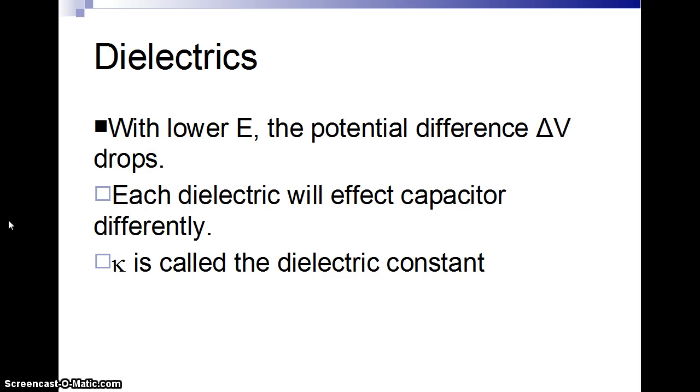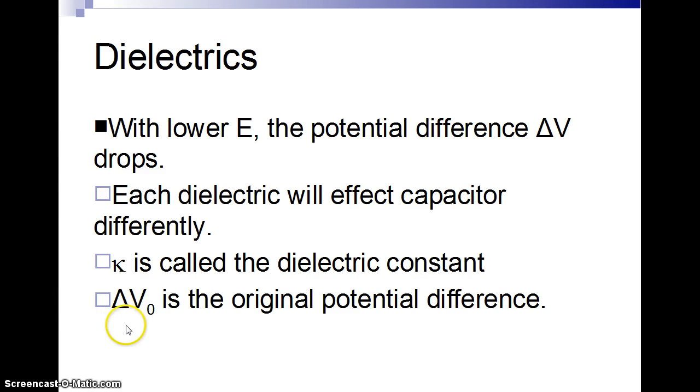Going from a vacuum, which has a dielectric constant of 1, that's where it doesn't really affect anything at all. Let's assume anytime I have a 0 here, that means the voltage with no dielectric in the middle.